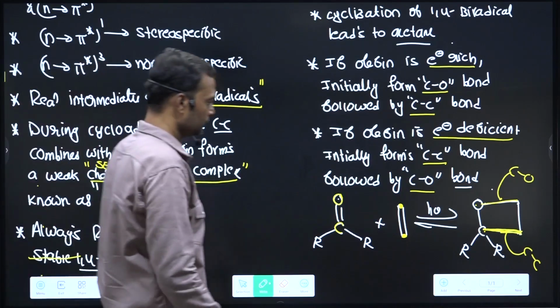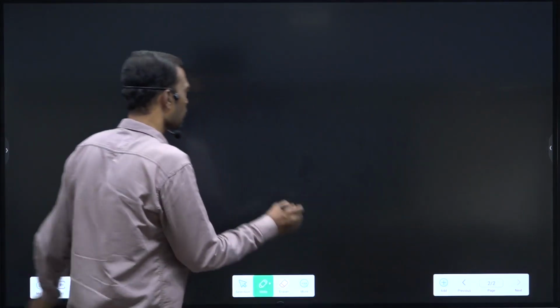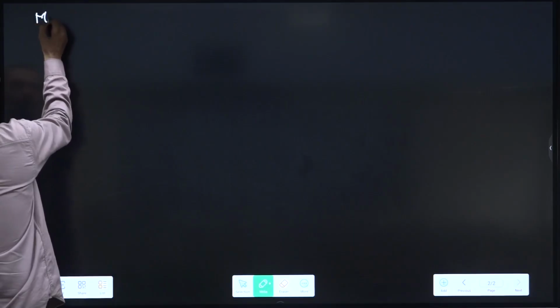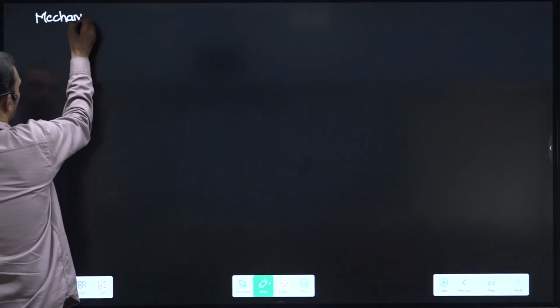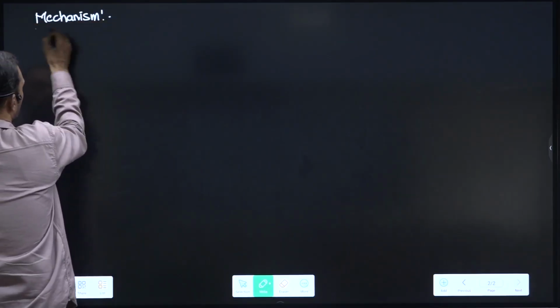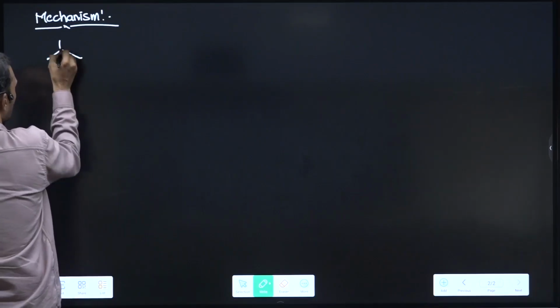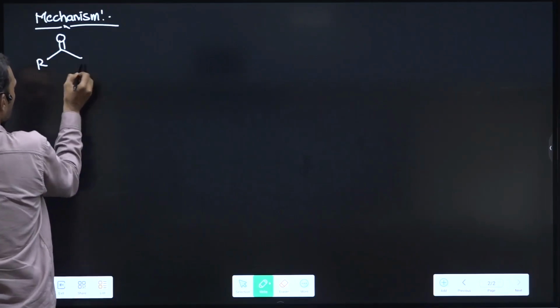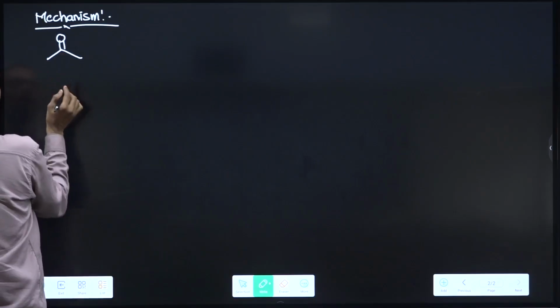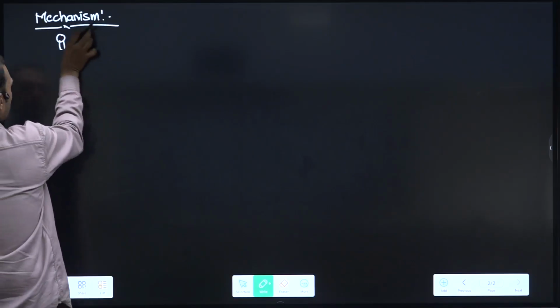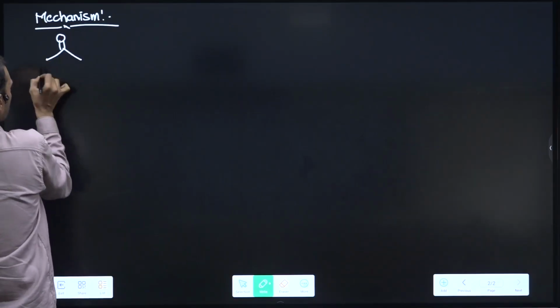Clear? Now see the mechanism involved in this one. First, which partner is involved? The carbonyl compound is the real partner which is activated.